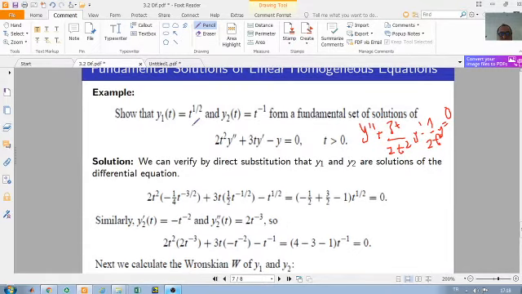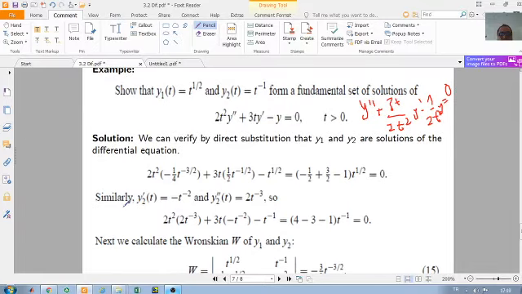You can compute easily for y1, and the first derivative is equal to 1 over 2 times t to the power minus 1 over 2, minus y, which is equal to t to the power 1 over 2, and after the computation we obtain this is equal to 0, which means it satisfies the differential equation. Therefore y1 is a solution.